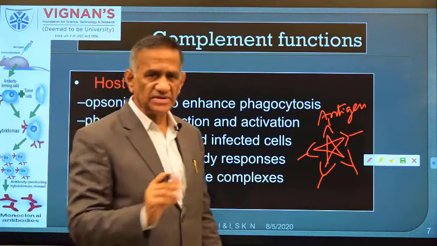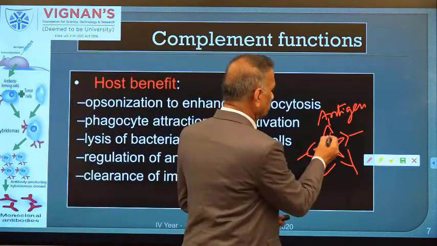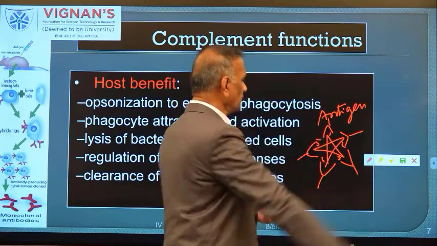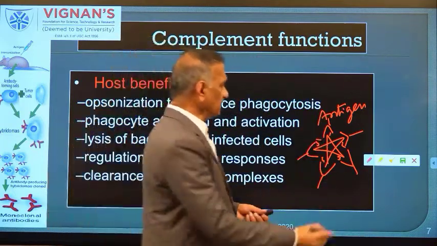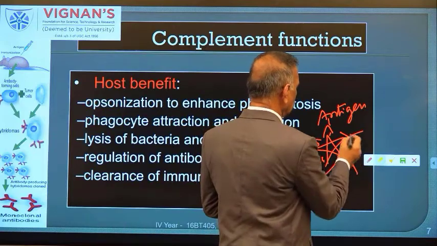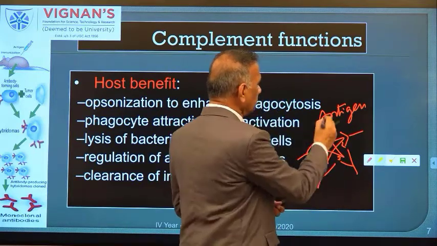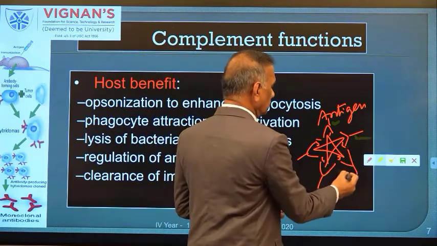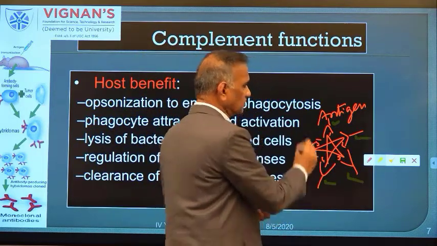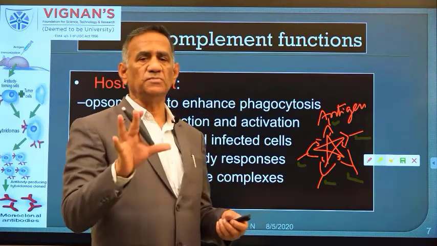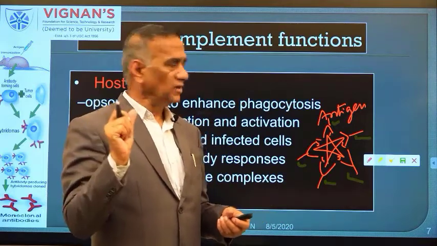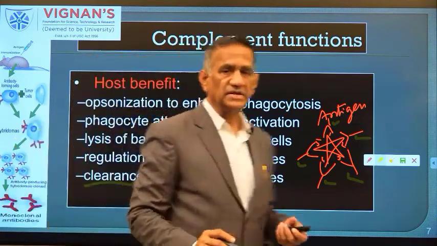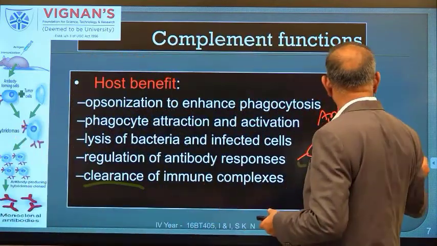This antigen has several epitopes: epitope 1, epitope 2, epitope 3, epitope 4, epitope 5. For each epitope there is an antibody made against epitope 1, against epitope 2, against epitope 3, 4, and 5. So this is now called the immune complex. Such immune complexes get cleared by the complement system.